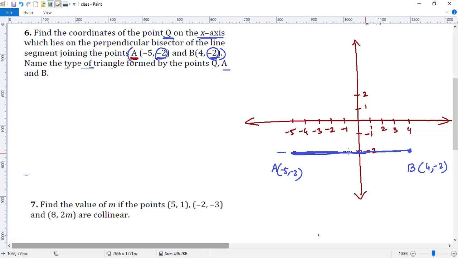Okay. AB is the straight line. For this AB straight line, you draw a perpendicular bisector, and this point Q is lying on this perpendicular bisector as well as on the x-axis. Okay. So any point that lies on the x-axis will have x comma 0 as its coordinate.